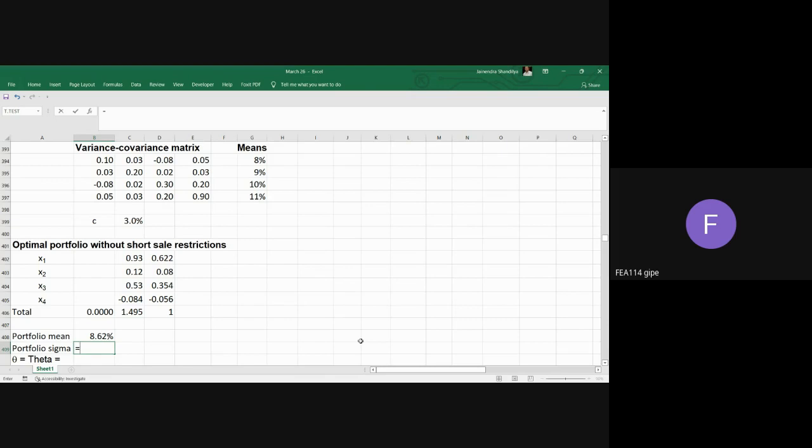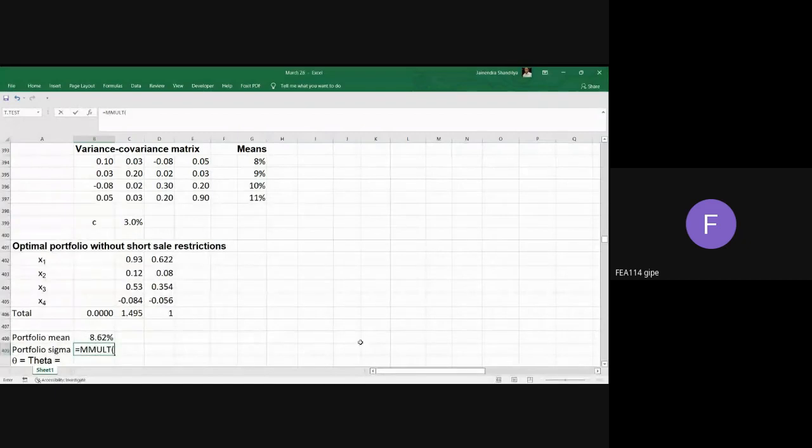First, we'll take the variance and then take the square root. So select the variance covariance, and we select this.